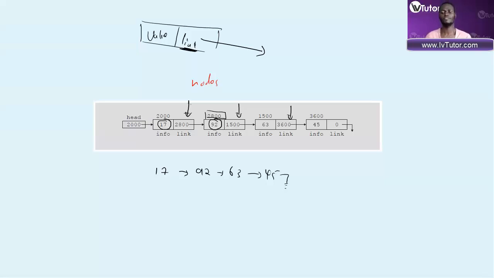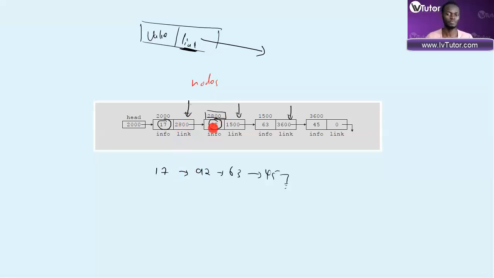Because remember, everything in memory has an address of where exactly it is. So what we are saying here is that this node is at address 2800. Therefore, this node stores the address of the next node, which is 2800, which is equivalent to simply saying it links or points to this node.